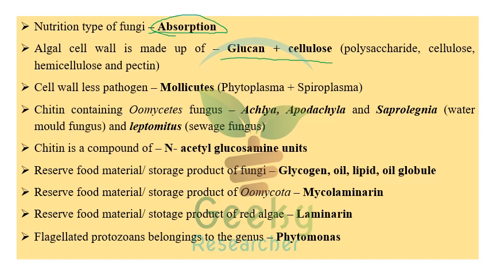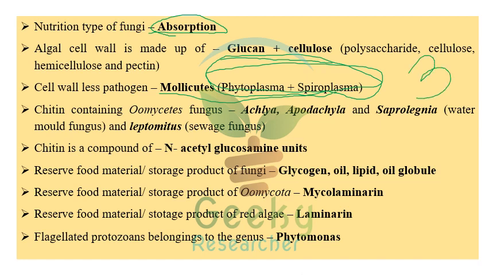And cell wall less pathogens, that is phytoplasma and spiroplasma, don't contain any cell wall. Instead of a cell wall, they contain a cell membrane, a three-layered cell membrane can be observed. In virology we can discuss all these phytoplasma and spiroplasma. I think in bacteriology also we'll see. And chitin containing Mycetes fungi, we know very well the Mycetes group of fungi.